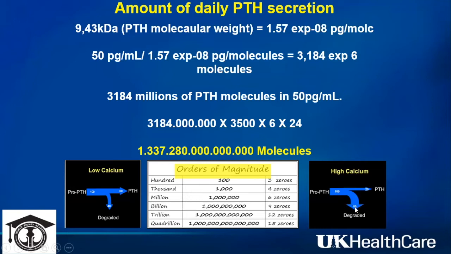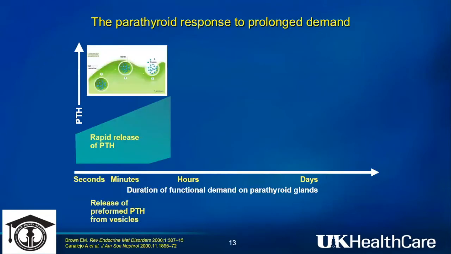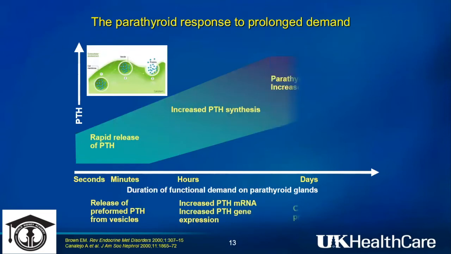So the gland is forming much, much more PTH just in case of emergency, and it will be stored in the gland if we don't need it. And here, what happens if we need more PTH?